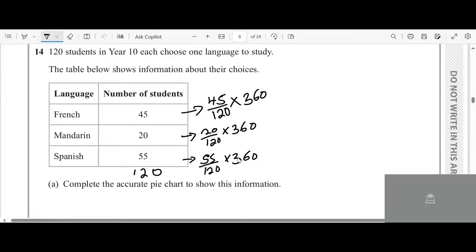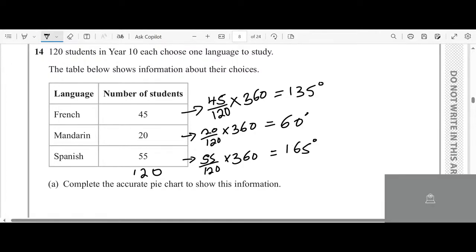So you can just do that quickly. The first one gives you 135 degrees. The next one gives you 60 degrees. And the next one gives us 165 degrees.